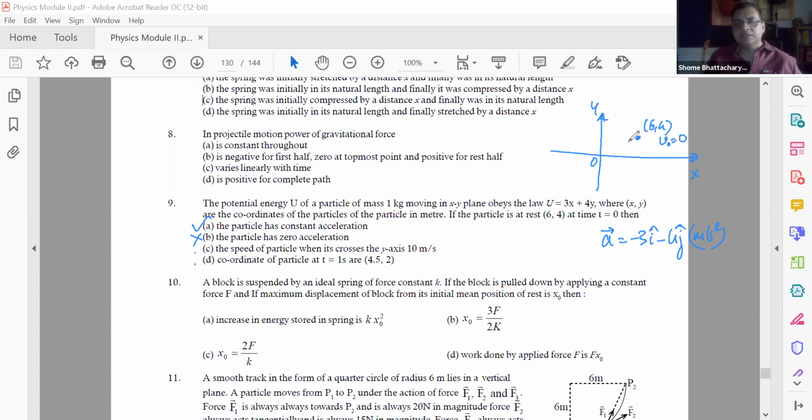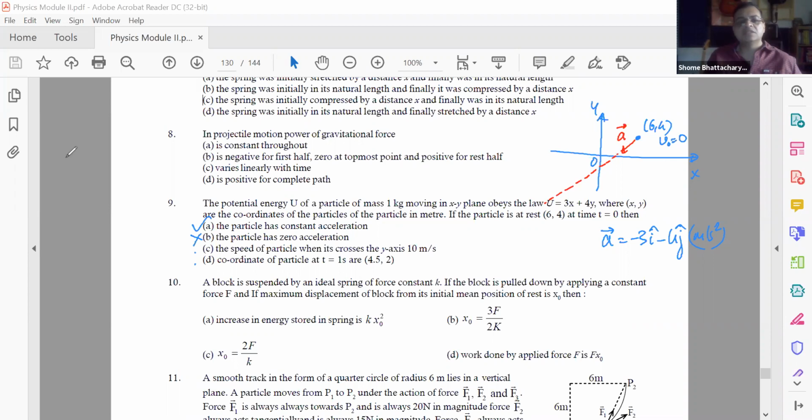Its acceleration vector is minus 3 i cap minus 4 j cap. Okay, so its acceleration vector will be something like this. This will be the acceleration vector. So it will go in a path like this.